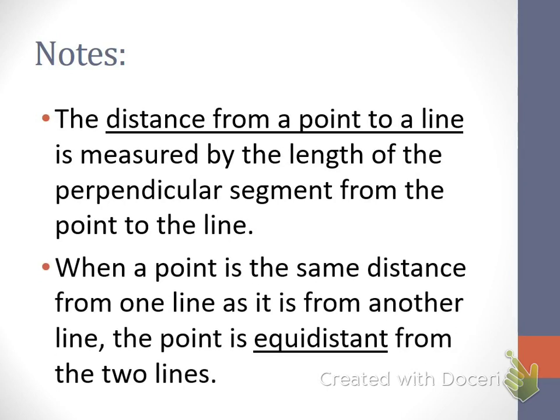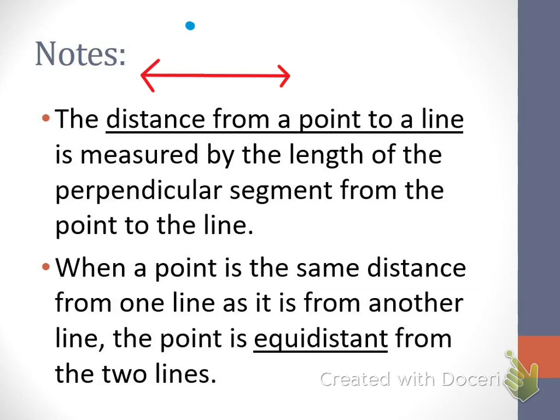The distance from a point to a line is measured by the length of the perpendicular segment from the point to the line. So what that means is if we have a point up here and we have some line down here, if we are trying to figure out the distance from this point to this line, there are a lot of different possible paths we could take.